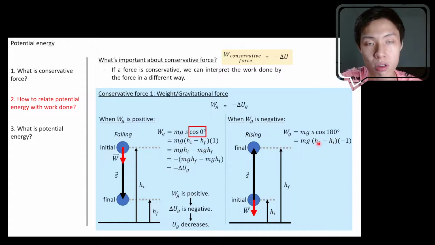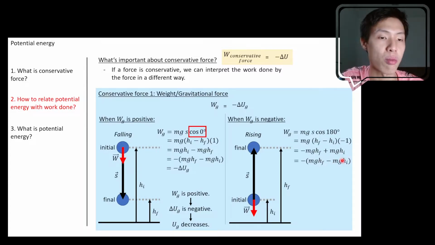Always make this positive. So mg multiplied by hf minus hi, then we know from trigonometry that cos 180 degrees is just -1. So now if you expand everything, you should get negative final gravitational potential energy plus initial gravitational potential energy. Now if you factorize out the negative, it's just negative bracket the final gravitational potential energy minus the initial gravitational potential energy.